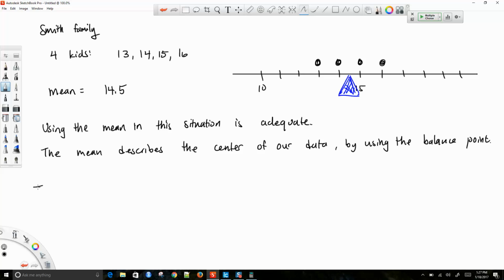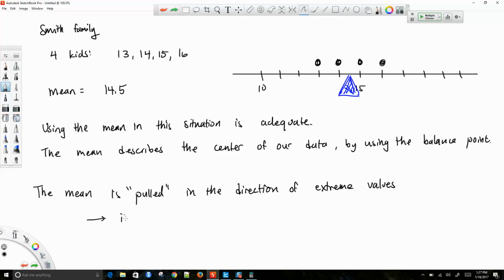So the mean is, quote, pulled in the direction of extreme values, or in other words, is pulled in the direction of the tail in skewed data.